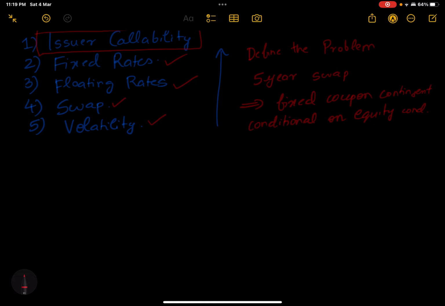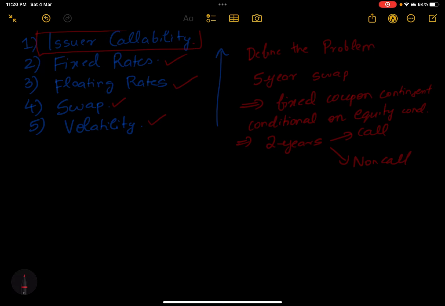But the beauty is that this structure is callable, which means that, let's say, after 2 years, I can call the structure, or I can make it non-call.